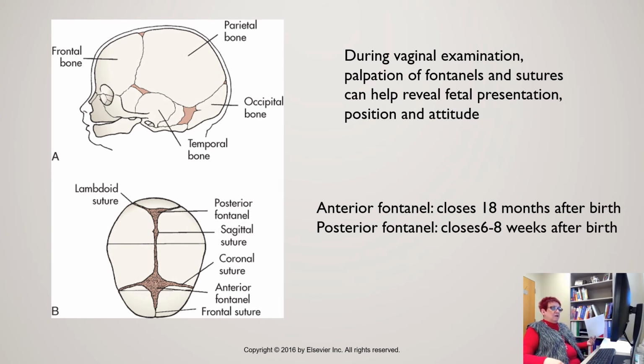The anterior fontanelle, we need to remember, closes 18 months after birth, so it'll be open for a while. The posterior one, which is smaller, will close in about 6 to 8 weeks after birth. So you see here they have little suture lines, and they can overlap and shift around as needed to go through the birth canal.